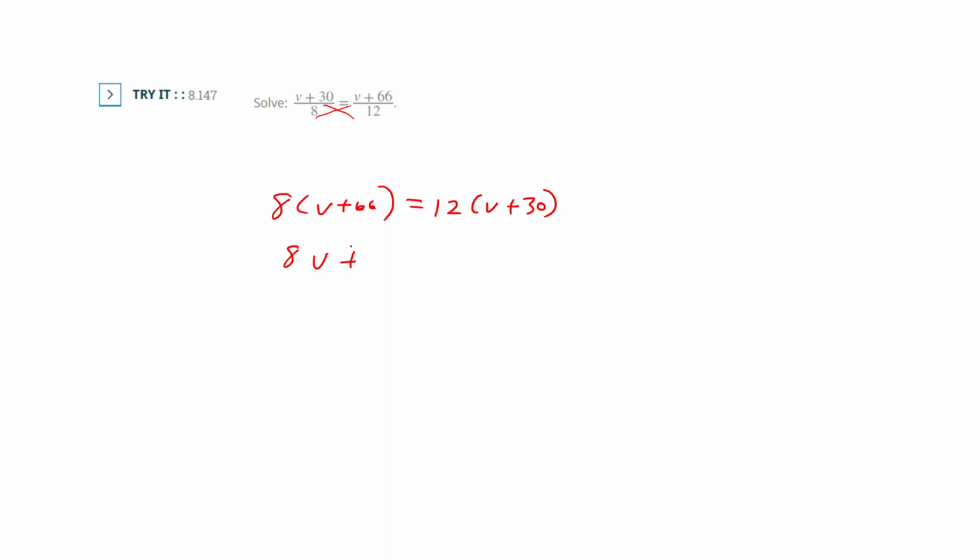Now, I'm definitely too lazy to do that, so let's use a calculator. Okay, putting this together, I'm going to send the v's over here. I'm going to have 4v. Going to subtract 360 from both sides.